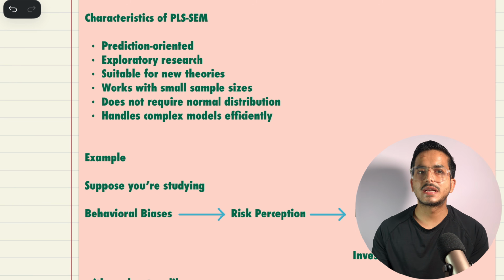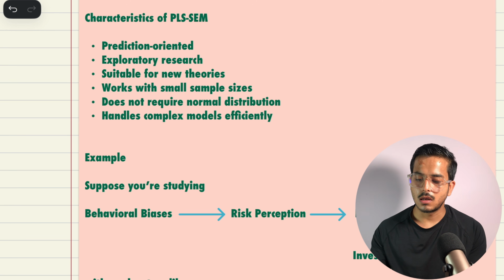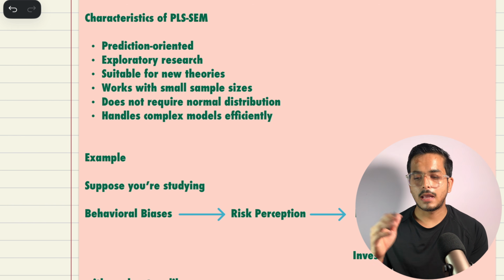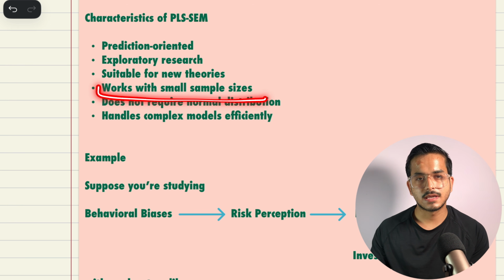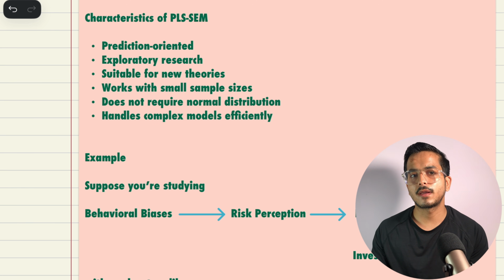It does not confirm; it explores how well my research participants fit the previous theory. It is suitable for new theories, to see how well new theories can be applied. It works with small sample sizes, as I told you, and does not require normal distribution.